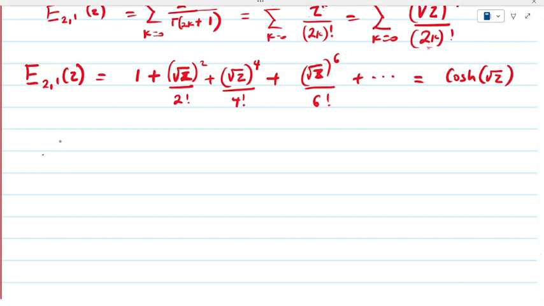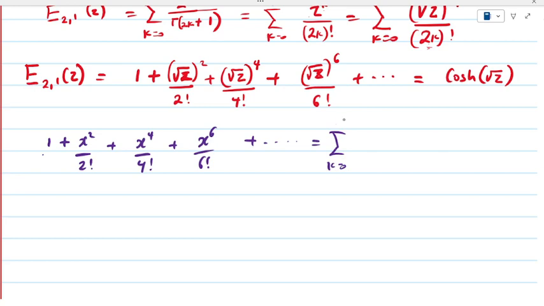If we have 1 plus x squared over 2 factorial plus x to the power 4 over 4 factorial plus x to the power 6 over 6 factorial plus dot dot dot, this is equal to the summation of k equals 0 to infinity of x squared to the k over (2k) factorial, and this is cosh x.